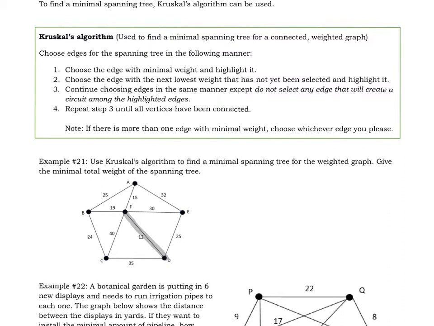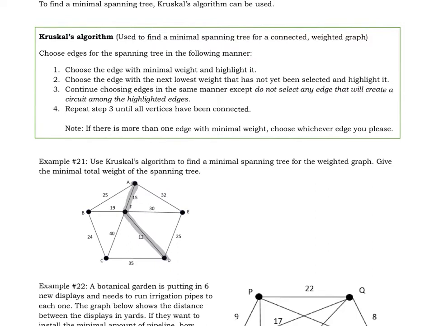Okay, so it looks like my next lowest weight is from F to A with a weight of 15. Step 3 says continue choosing edges in the same manner, except do not select any edge that will create a circuit among the highlighted edges. Okay, well, I will follow their advice there.